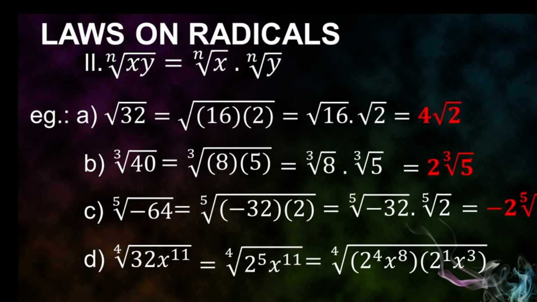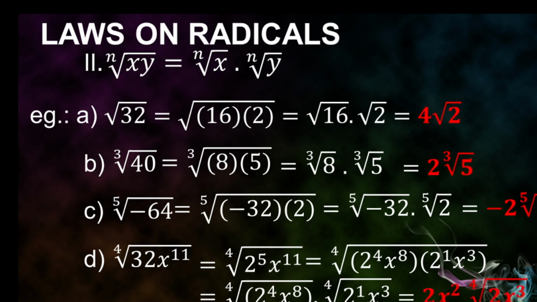So we are going to separate the radicand. So we have the fourth root of 2 raised to 4 x raised to 8 times the fourth root of 2x cubed. So therefore, we have 2x squared times the fourth root of 2x raised to 3.